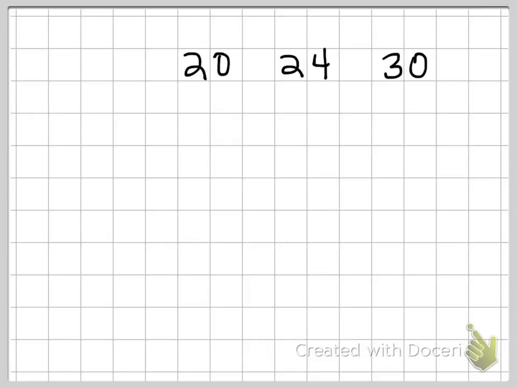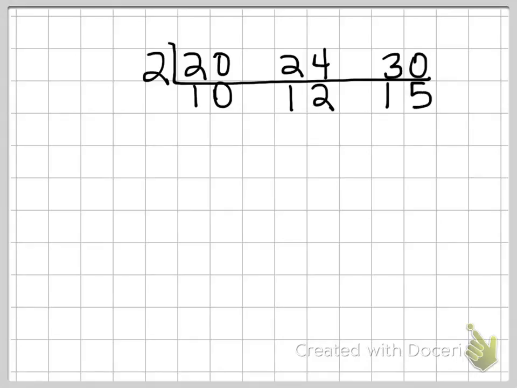This strategy can also be used when you're working with 3 numbers, but it's a little trickier. First, write the numbers, and then look and see if all 3 numbers have a factor in common. Here it is 2. 20 divided by 2 is 10. 24 divided by 2 is 12. 30 divided by 2 is 15. Now, ask myself again, are there factors here that we can share? There are, but there aren't.